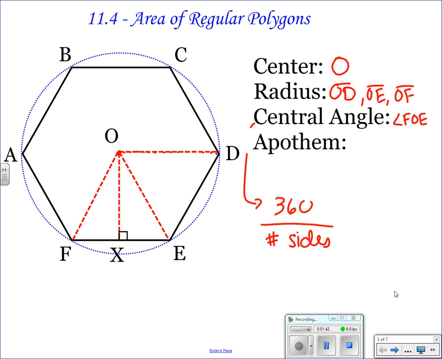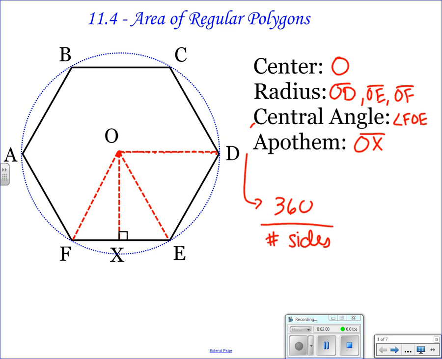Now the apothem is from the center perpendicular to the sides, so that would be OX. The apothem is from the center perpendicular to one of the sides of our regular polygon.